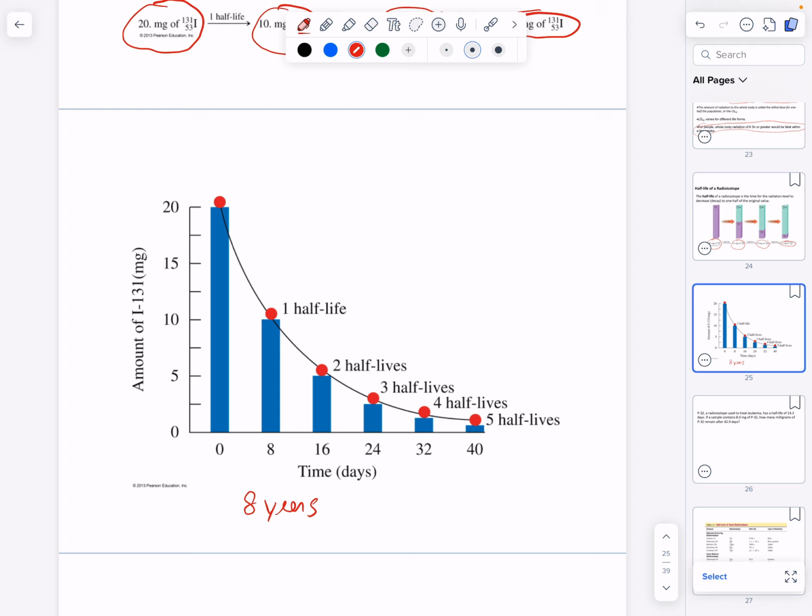Another 8 years, the 10 becomes 5. Another 8 years, the 5 becomes 2.5. Another 8 years, the 2.5 becomes 1.25. Another one probably 0.65, and so on. So 8 years here, no, days, sorry, 8 days.